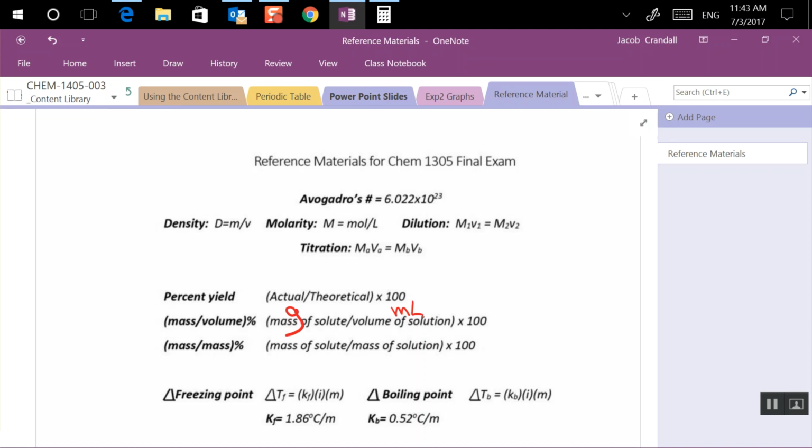What if they gave you the moles? Just convert to grams, right? What if they gave you the liters? Put it in milliliters. To go from liters to milliliters, you divide by 1,000. Okay? Mass per mass percent. What are the units here?